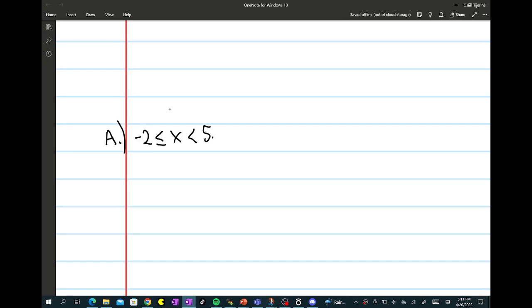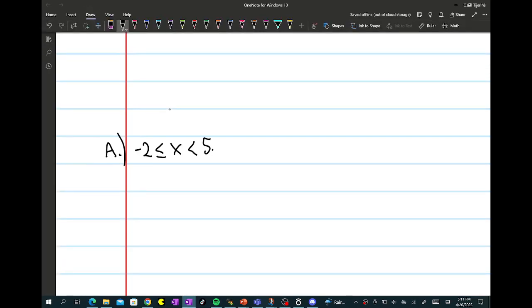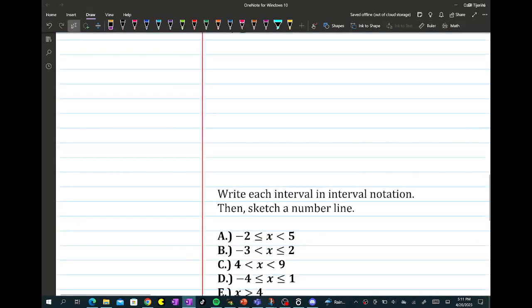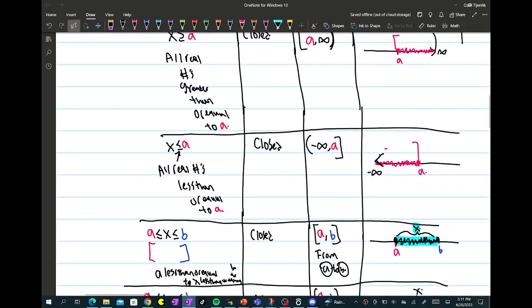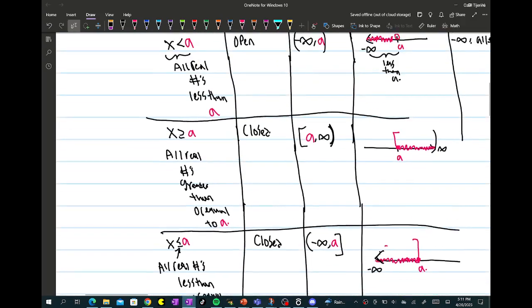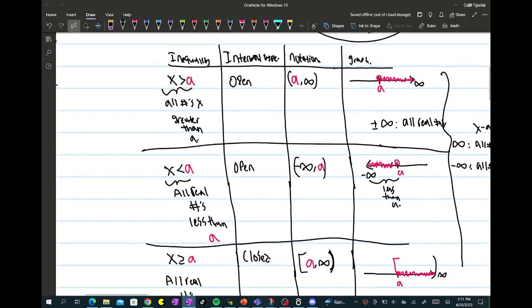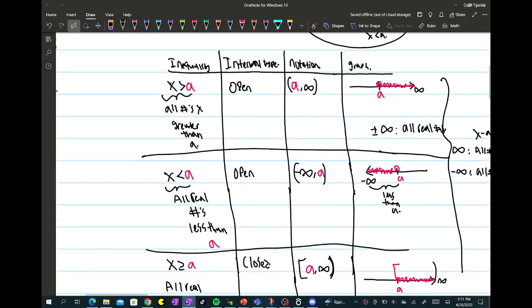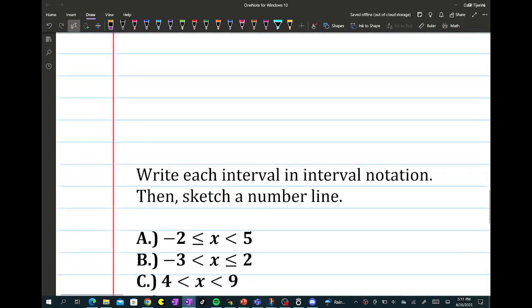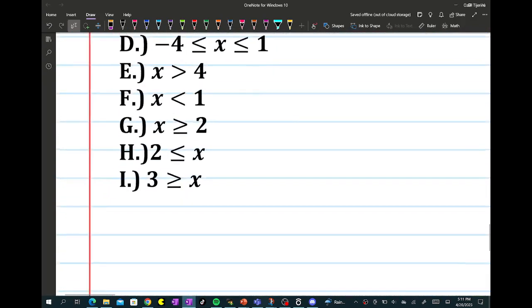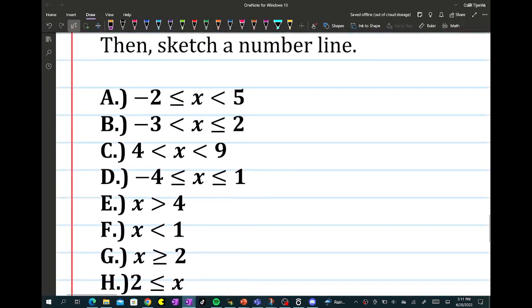Now, using my little table here, the way that we would do this is we would use one of these rules.